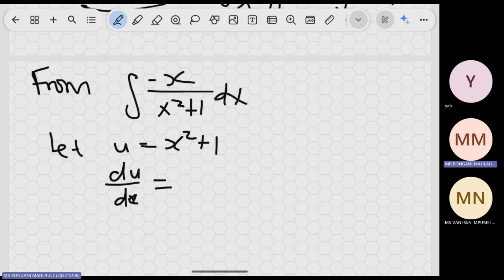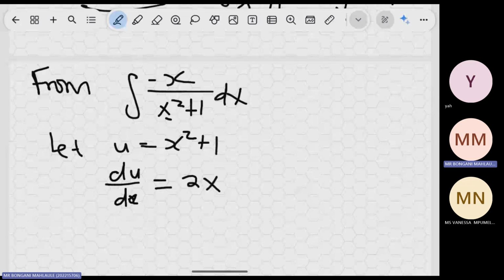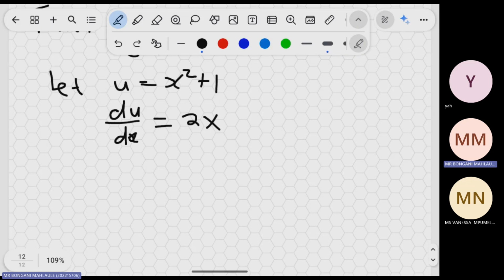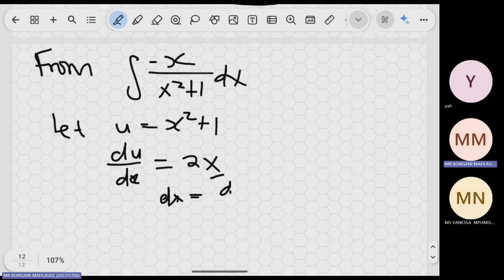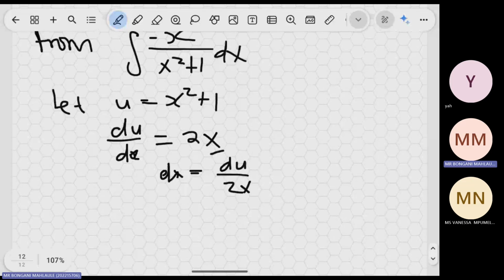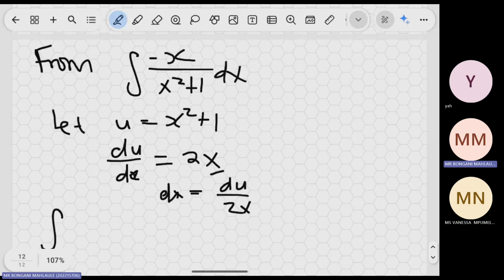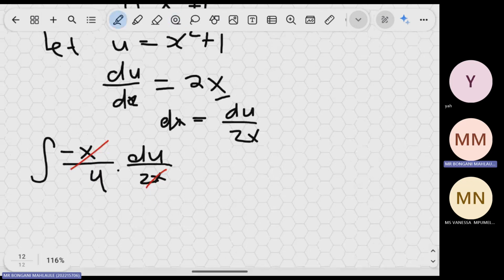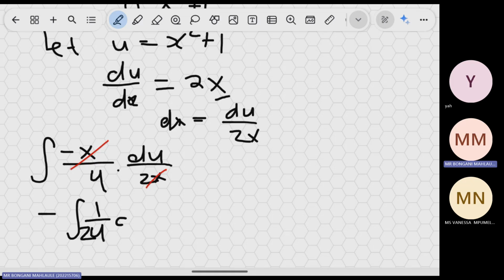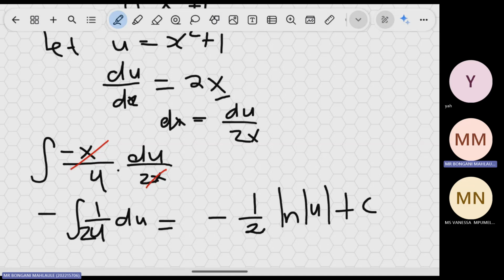If I differentiate that, I'll get 2x, so dx will be equivalent to du over 2x. Then I can say I'm having negative x over u times du over 2x. Then these two will cancel each other. I'll be left with negative the integral of 1 over 2u du. So the answer here will be negative 1 over 2 ln of u plus c.